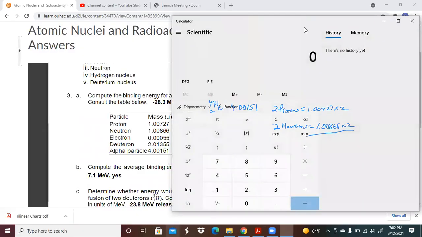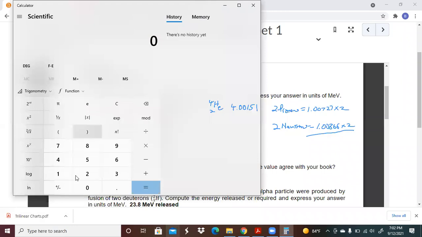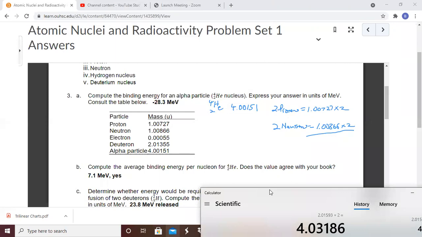1.00727 plus 1.00866 times 2. So 4.03186 here.